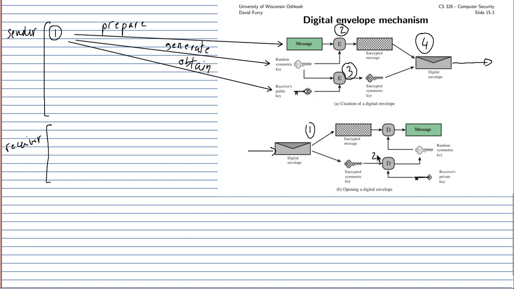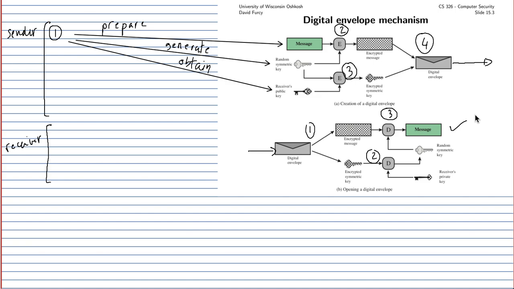This is the next step, resulting in a decrypted symmetric key, namely the original key that was generated by the sender. Now, with this key, the receiver is ready to decrypt the message, and this will yield a decrypted message that the receiver can then read. So this is the entire mechanism for the digital envelope application of public key cryptography.